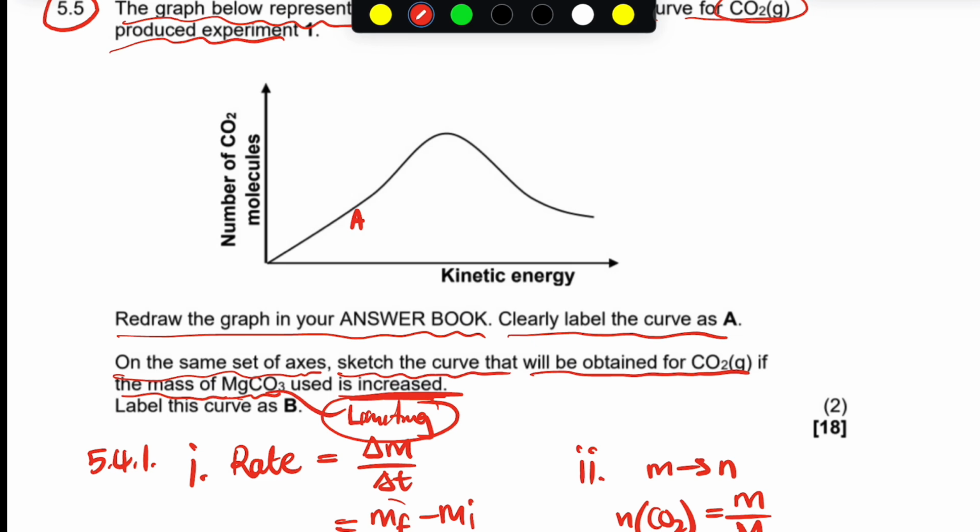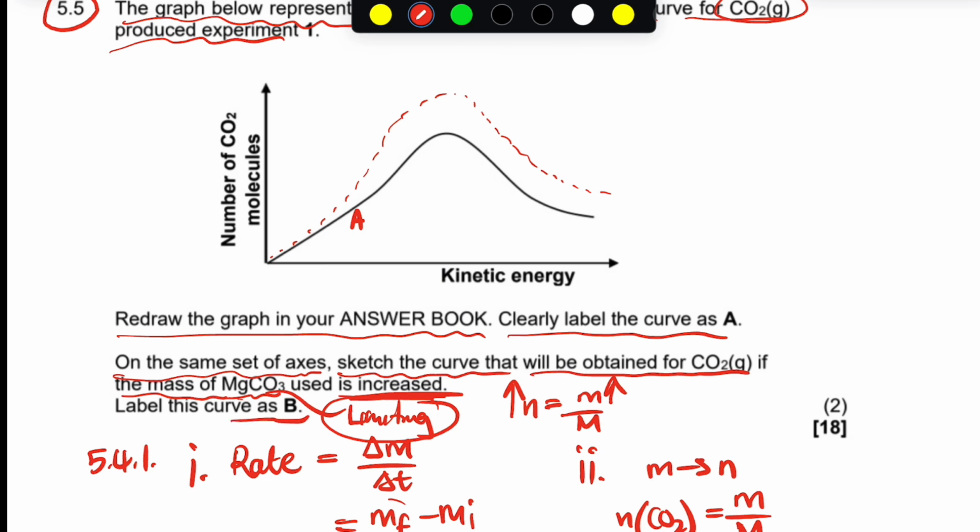So our graph will have more number of particles, right? From the formula mass over molar mass, if the mass has increased, the number of particles increases. So our graph is going to be like the concentration graph. The peak is higher, it moves up.